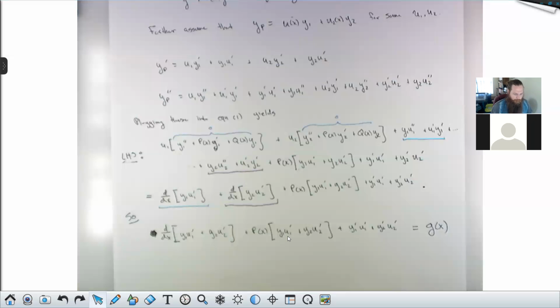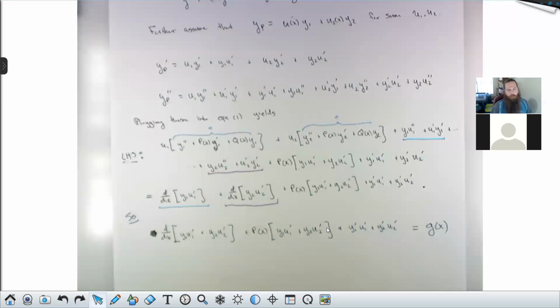Kind of in that spirit, this piece showing up twice here, it would be nice if those were gone. It would be lovely if this and this were both 0, because then I would just have this left over.